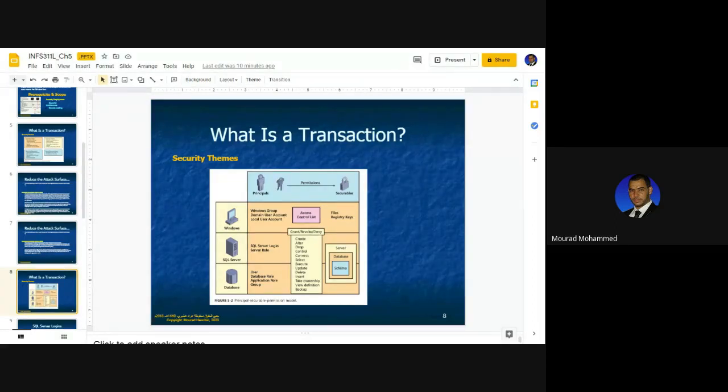So, an overview to make us understand what a transaction is more clearly.